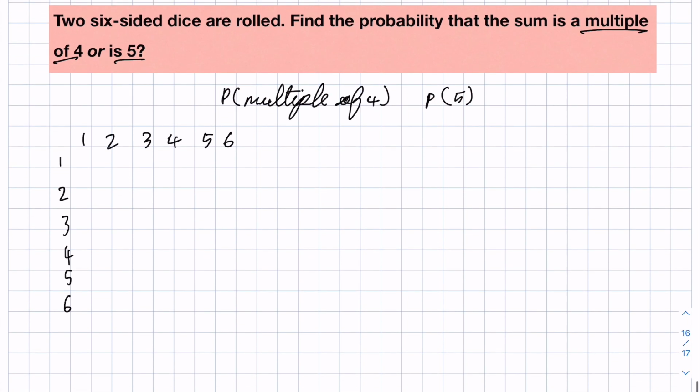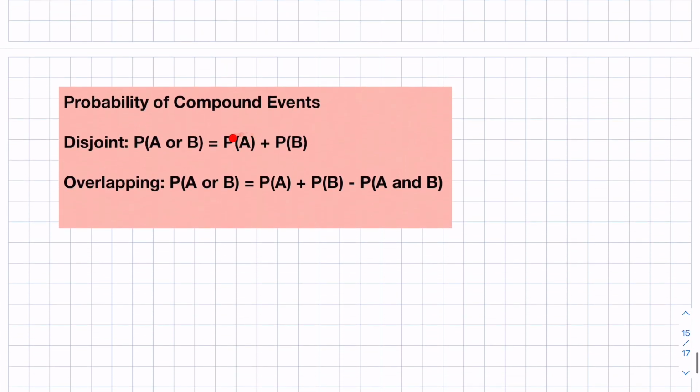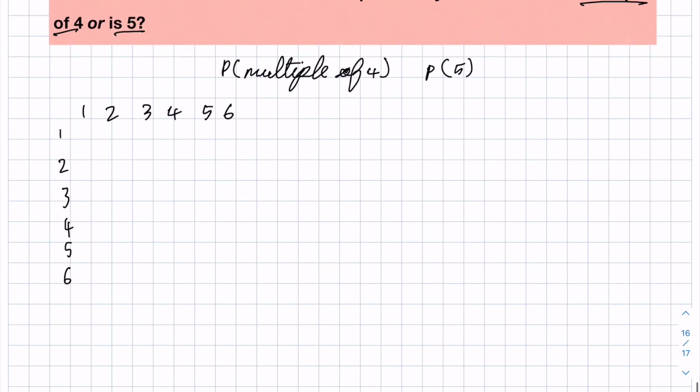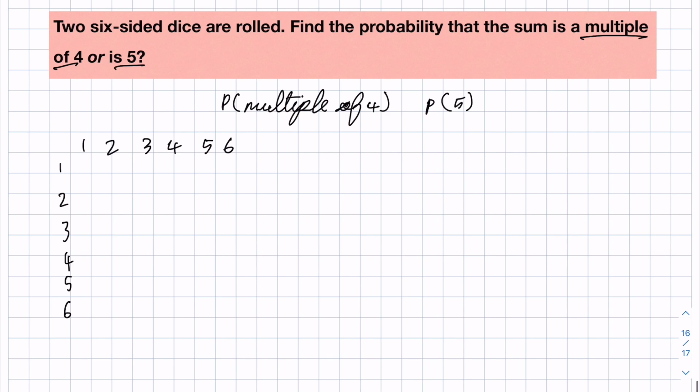And now we can find it, but to do this, we have to first find the probability of both events, and then we've got to add them together. So let's do that. I don't exactly have to find the actual sum. I just need to see how many of these are multiples of 4 and how many of these are equal to 5.